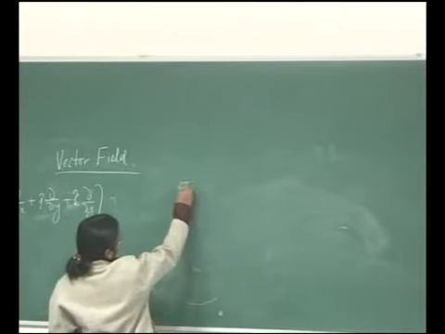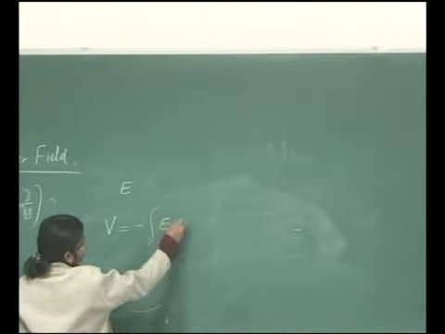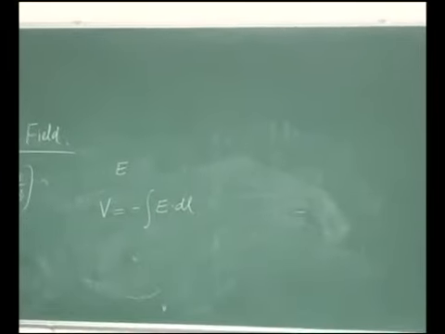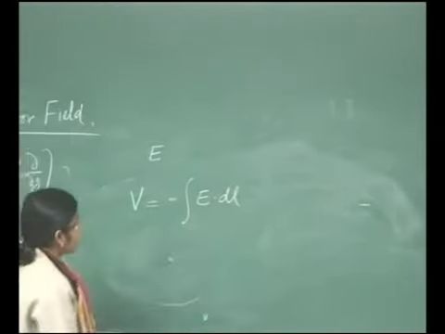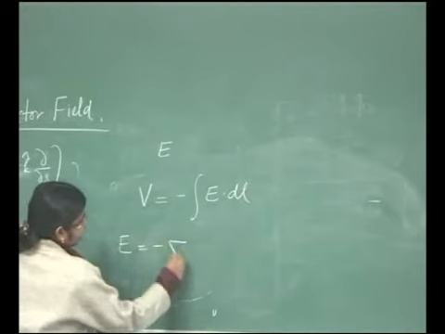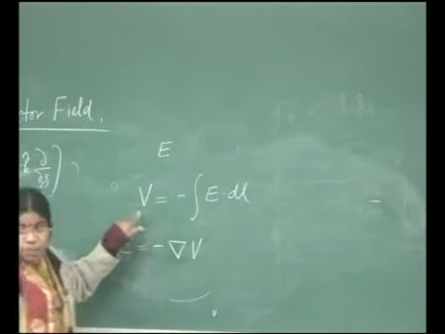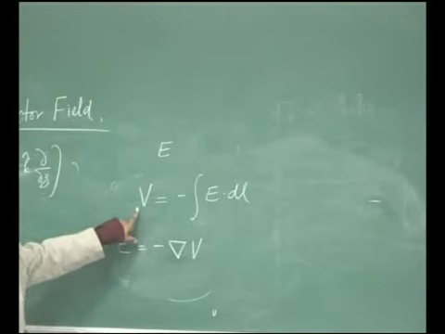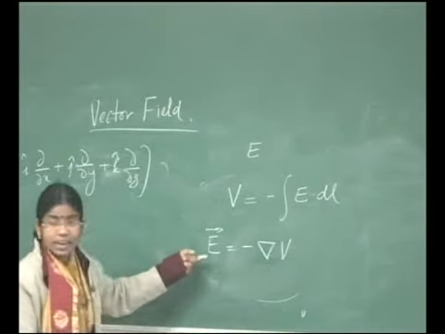If I have electric field E, then I can define my potential V as the integral of E dot dl, and then I can say that E is equal to negative gradient of V. So now the question is, V is a scalar potential, and the moment I operate this del on this V, I get E, the electric field.